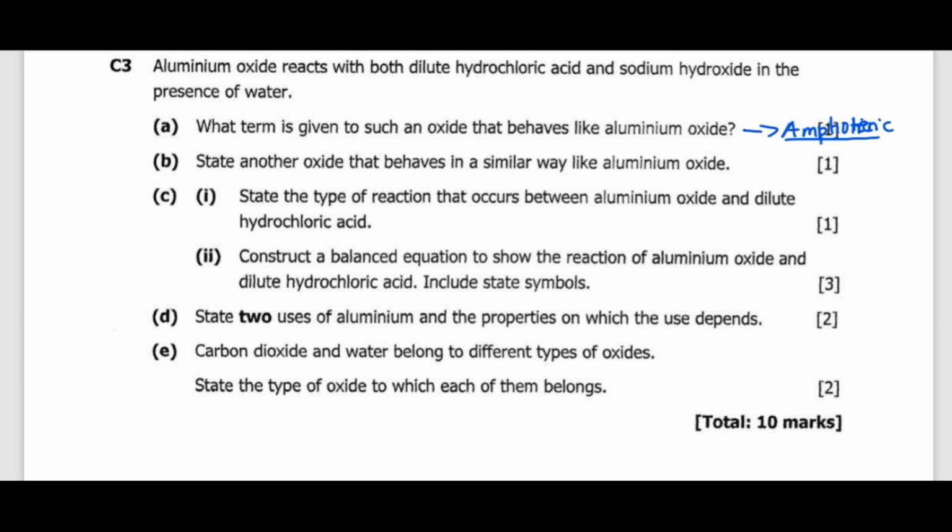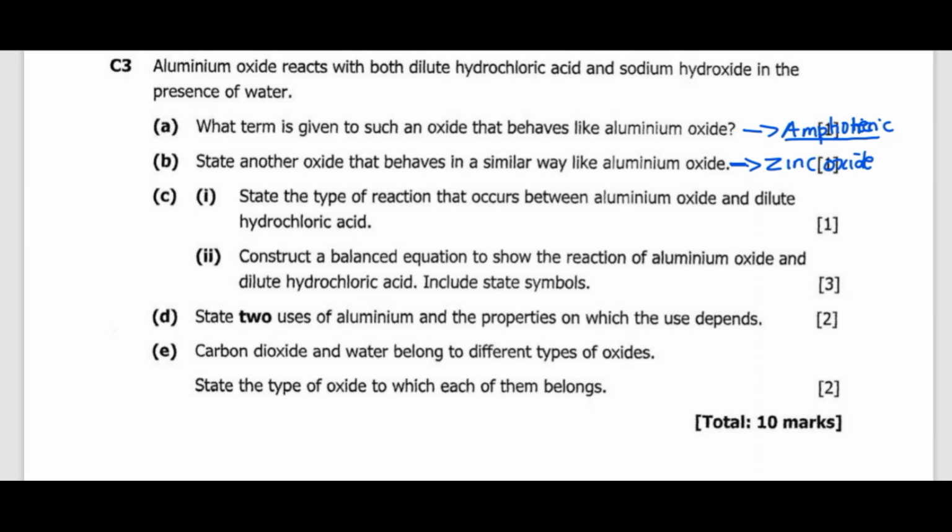Then state another oxide that behaves in a similar way. Remember, we answered a similar question, but let's not use lead oxide. We'll just say zinc oxide. So zinc oxide is another amphoteric oxide.